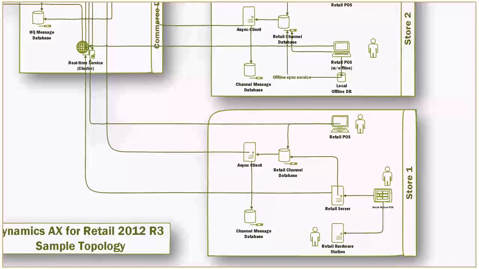But to give you a basic overview, the retail server, along with the modern POS, replaces the functionality provided by retail point of sale. The idea being that you can install a retail server in your store as a server, and you can have multiple thin clients connecting to that one instance of retail server.